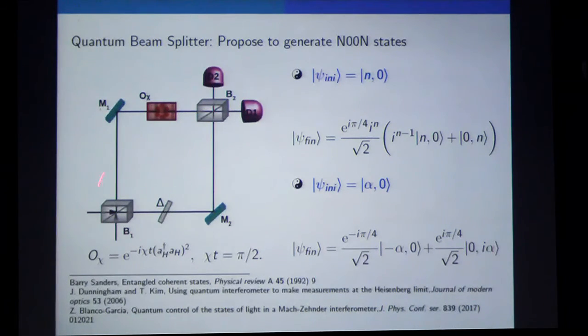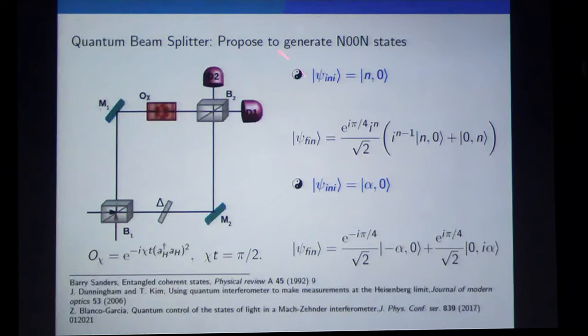But in this case, let us use a nonlinear medium described by this operator, and we consider a perfect Mach-Zehnder interferometer. That means that the phase is equal to 0. This device is already known in the literature as the nonlinear Mach-Zehnder interferometer, or Dunningham also renamed this as a quantum beam splitter.